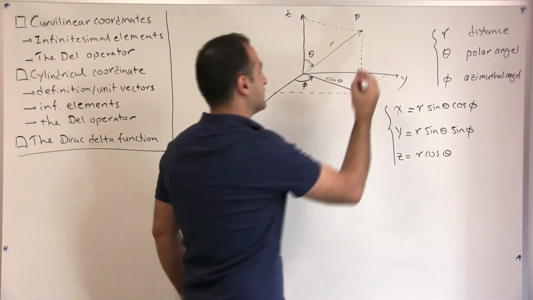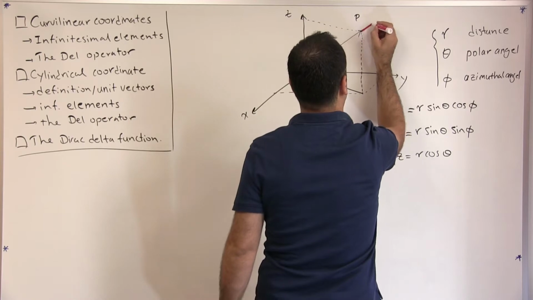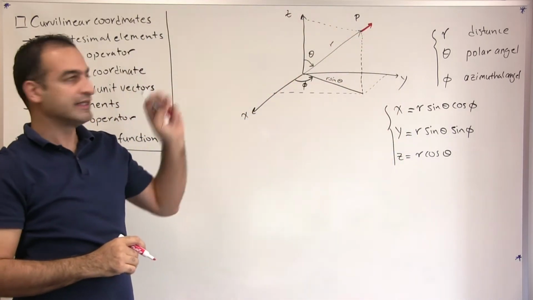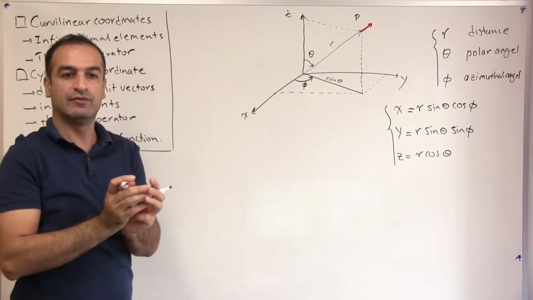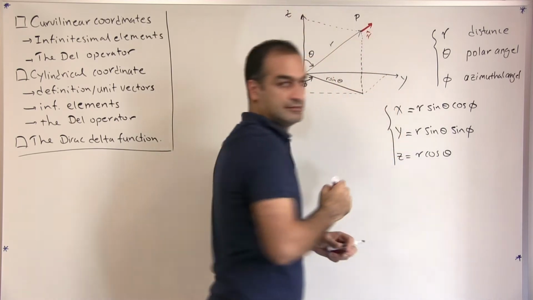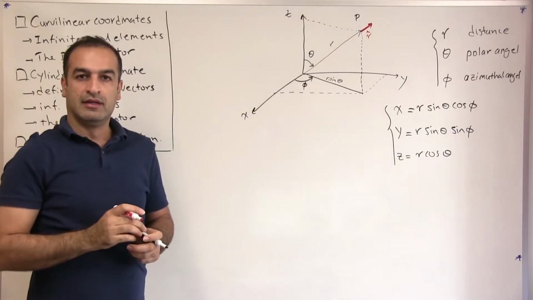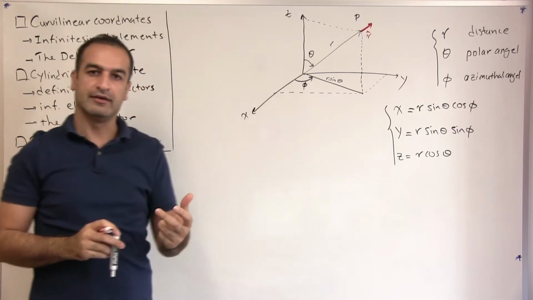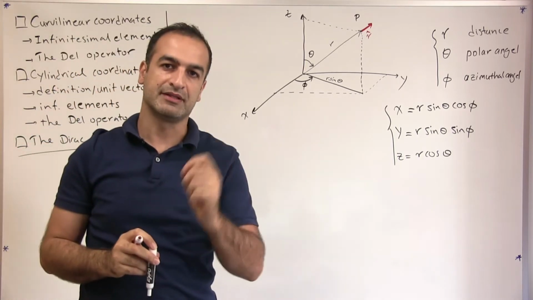The direction is going to be along the same line as r. So a vector pointing in that direction with a magnitude of 1 is going to be our r hat. Sounds good? And how about theta? If we increase theta a little bit, what direction is the point P going to move?